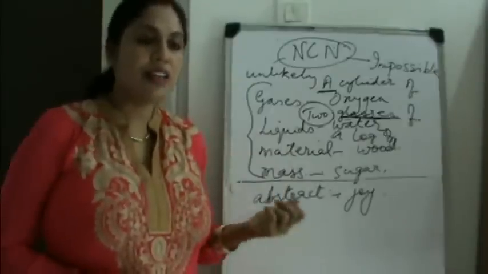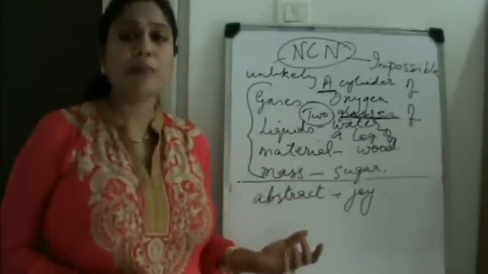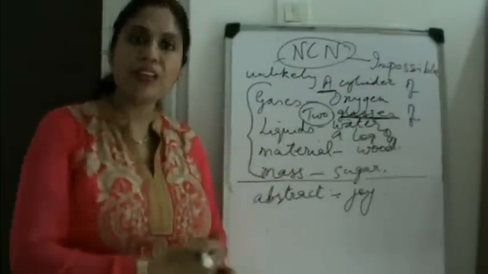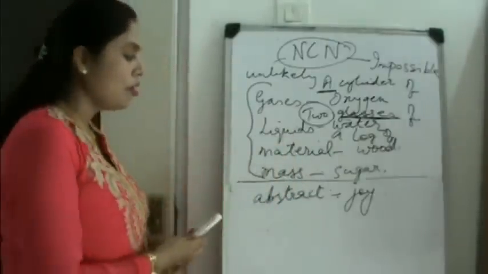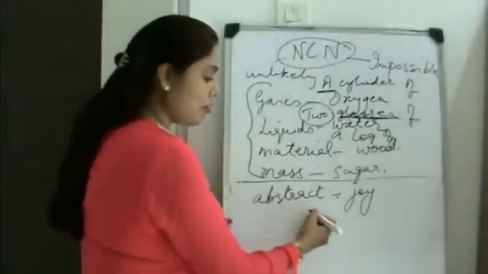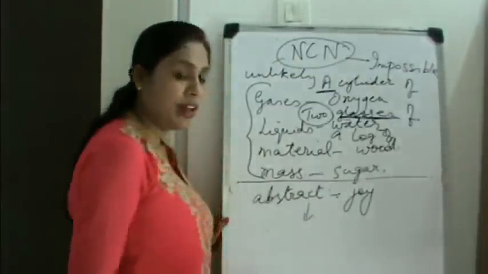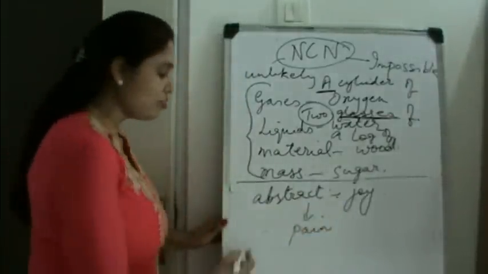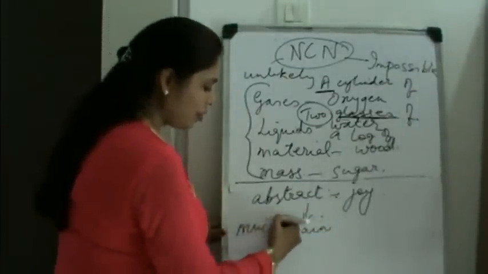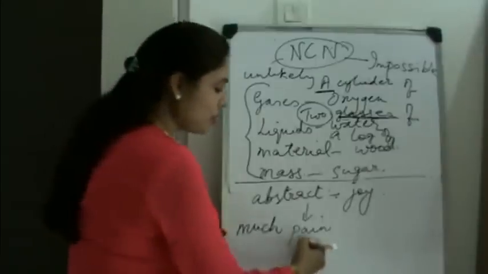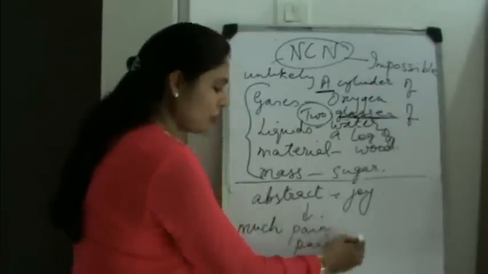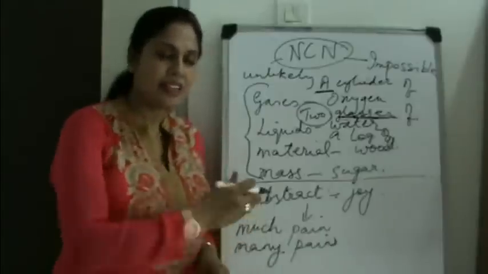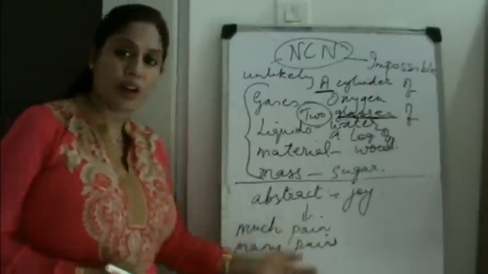I can say that I took many pains in making this project, but my mother suffered much pain in her lifetime. Now what you have to observe is that when I make use of an abstract noun in the singular form, I make use of the adjective of quantity, much pain. But if I use it as a plural, then I make use of the adjective of number. So I say many pains. That is the difference. So it's important to understand this.